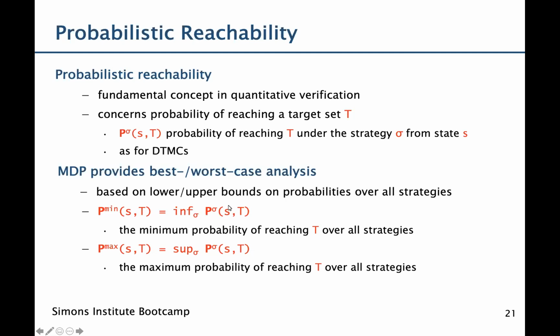So this is the minimum probability, or we can take the supremum over all strategies, and this gives us the maximum probability of reaching the target over all strategies. What I'll also use sometimes, as for DTMCs, is the vector of probabilities. So either the vector of minimum reachability probabilities or the vector of maximum reachability probabilities.